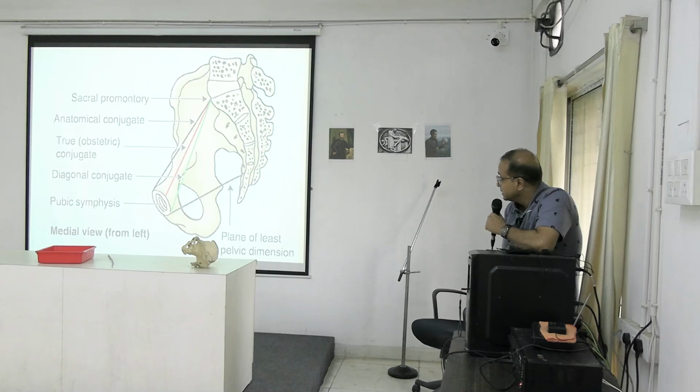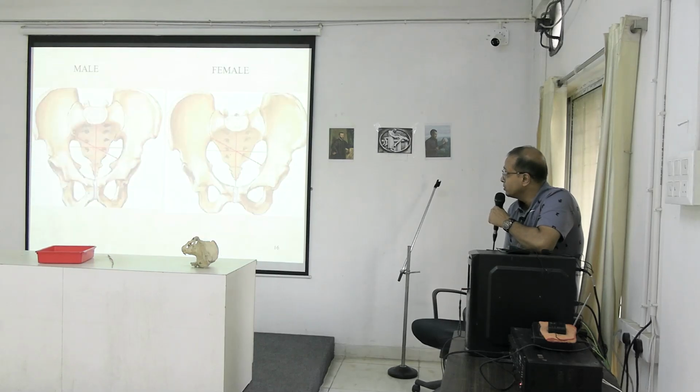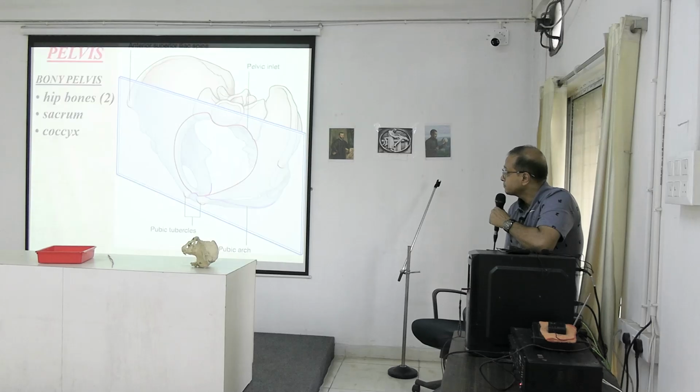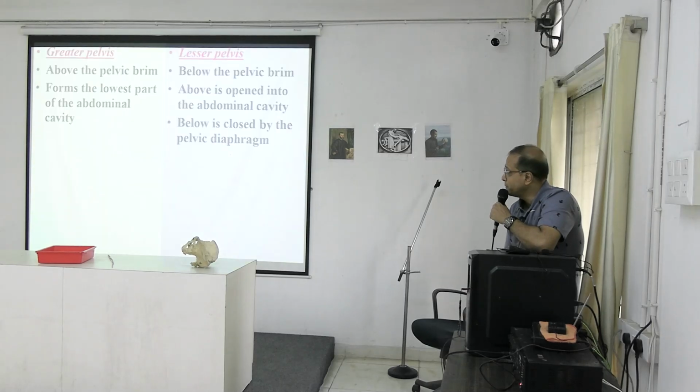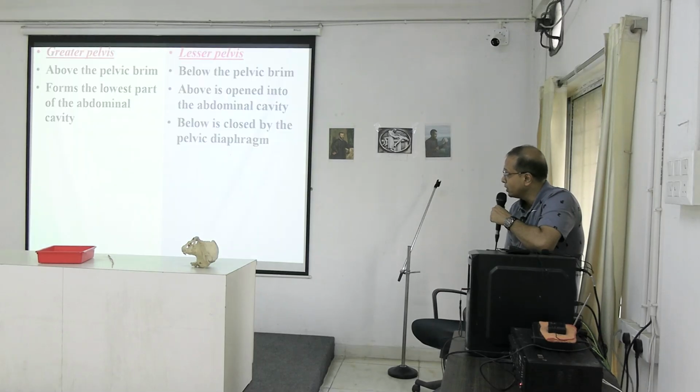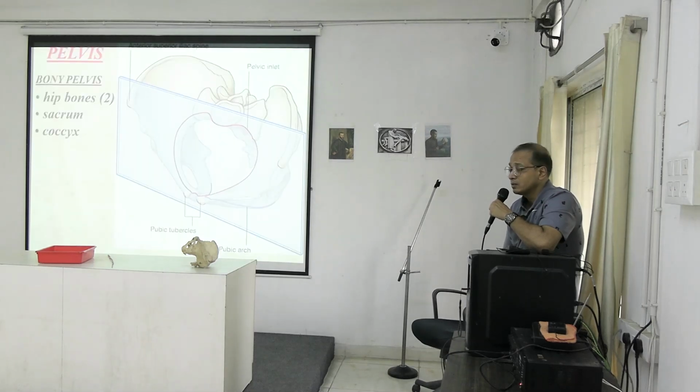So you have to know about this bony joint or articulated pelvis. What do you mean by the greater pelvis and lesser pelvis? What is the significance of the pelvic brim, also known as the pelvic inlet? What are the different bones and the different joints present in this bony pelvis, and what are the natures of these joints?